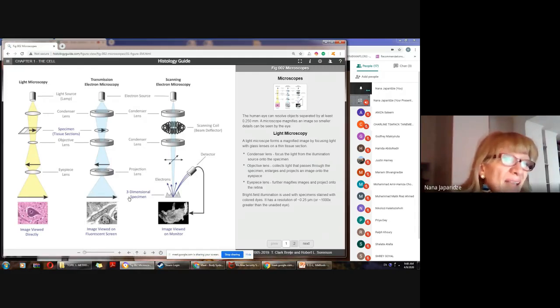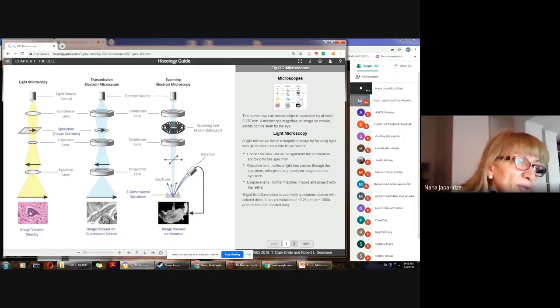What does not happen in the case of scanning electron microscopy? They do not pass through the tissue sample. They are reflected from the surface. That is why we can see here a surface image, but we see a three-dimensional image.